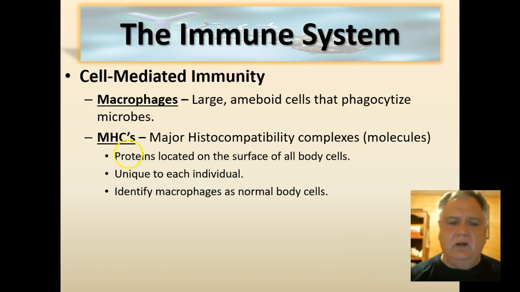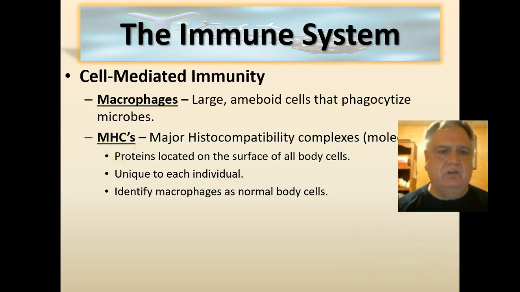So again, these major histocompatibility complexes with regard to the macrophages, just like all cells in the body, are going to identify macrophages as being normal body cells that belong there, and no immune response would be initiated against them.